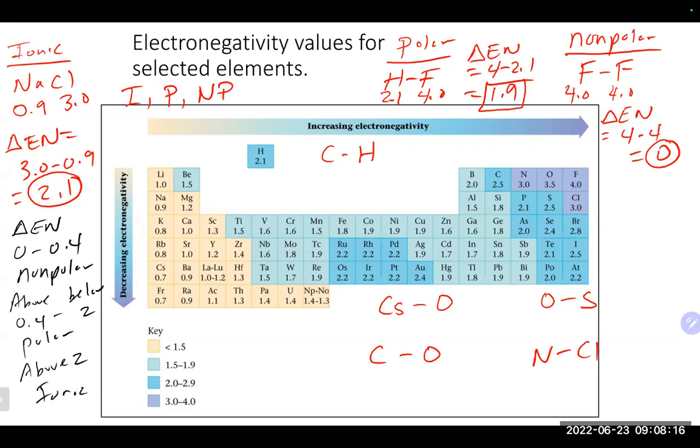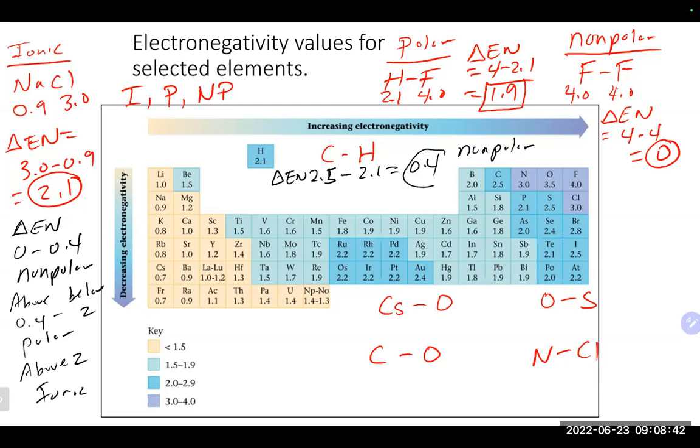All right, so we'll start with the carbon and hydrogen. Hydrogen is 2.1, and carbon is 2.5. So if we take the difference in electronegativity and subtract those two, we end up with 0.4, and that is going to make this a nonpolar bond.